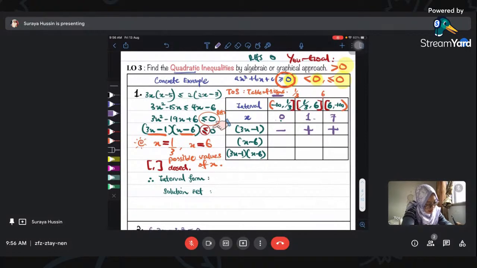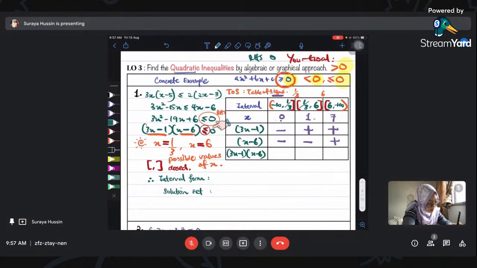Okay. Manakala untuk kosong pula, so 0 minus 6 is negative 6. So negative lah. While here 0 minus 6 is negative 5. So negative. And here 7. 7 minus 6 is 1. Positive. Oh, positive. Macam itulah.